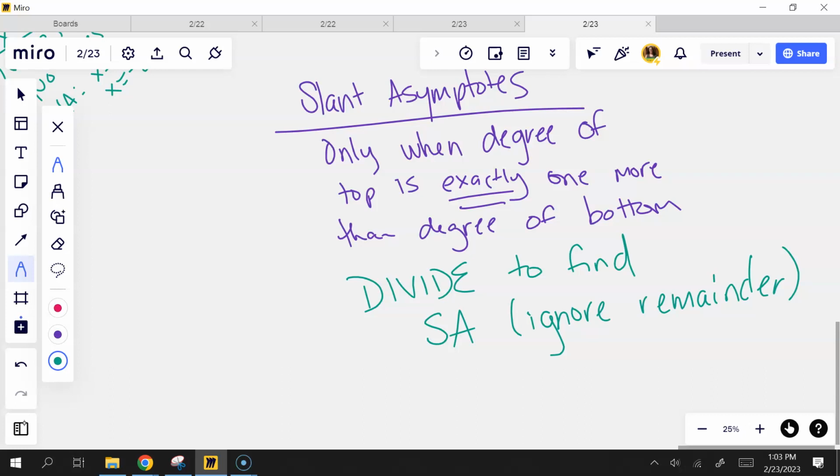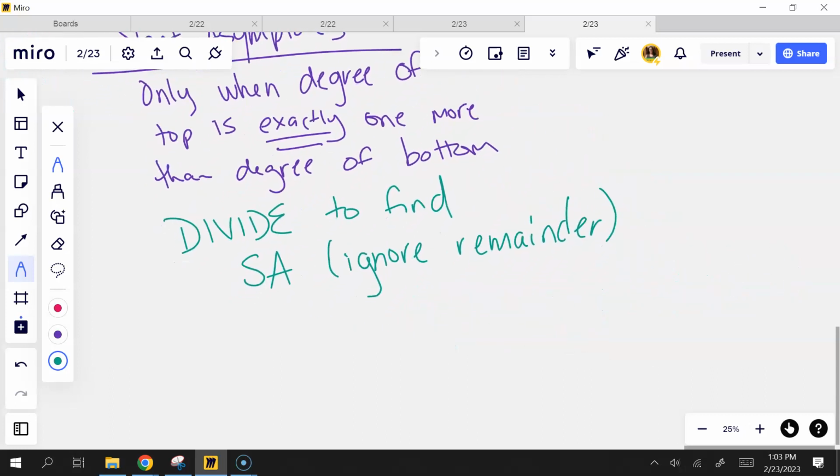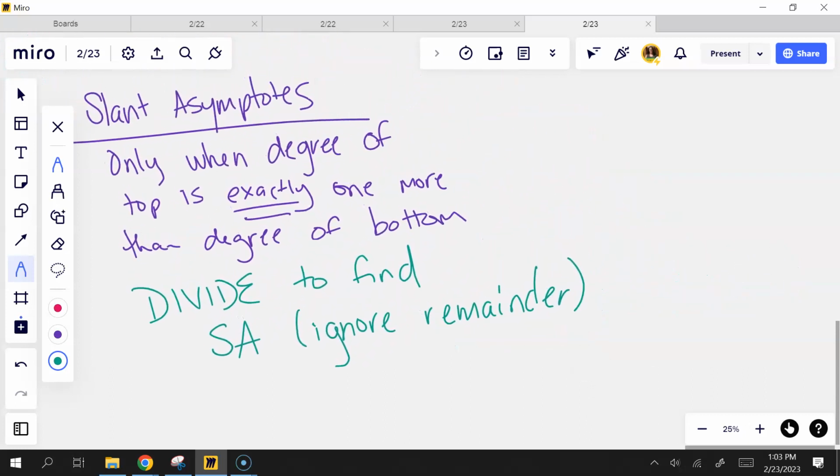Ignore that. Hopefully I can do synthetic division, but if I can't, I will have to do long division. Slant asymptotes are a lot of work.